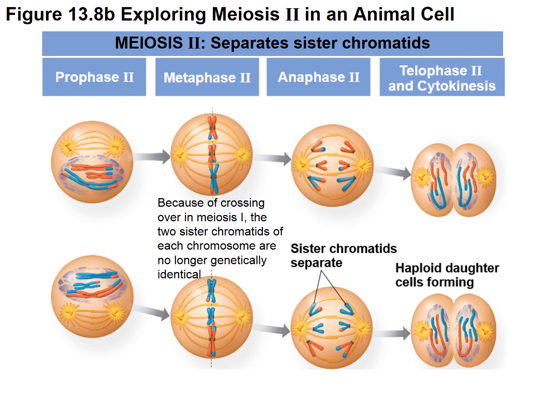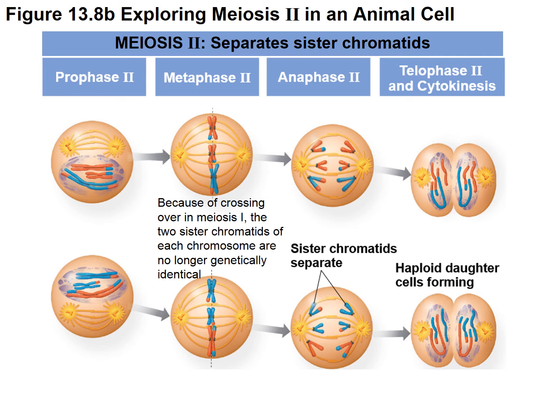So during prophase 2, early on the spindle forms, and later on, the chromosomes are going to start moving back and forth between the two poles. They're going to attach to the microtubules. Then in metaphase 2, the sister chromatids are going to arrange themselves at the metaphase plate.